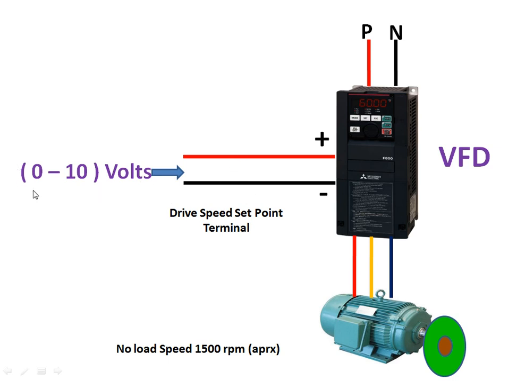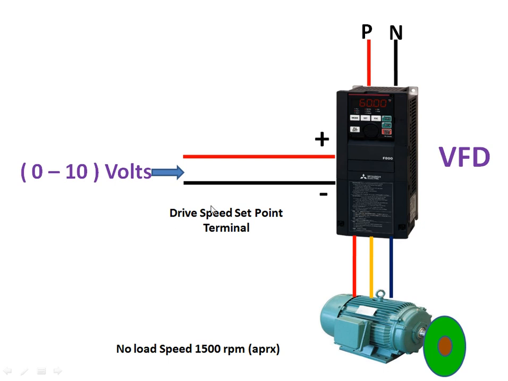By applying a variable voltage at the control terminal, you can control the speed of your induction machine. The input is single phase AC, the output is 240 volt 3 phase AC, and the output of the VFD is given to your 3 phase induction motor.